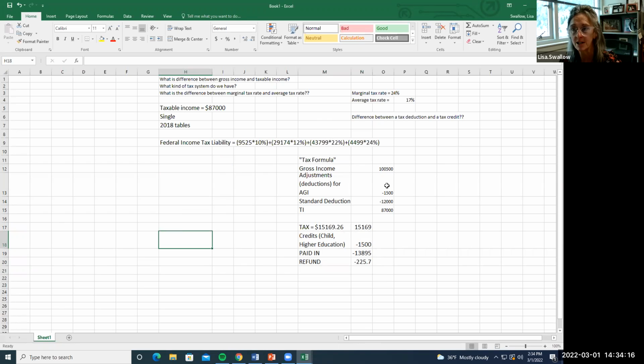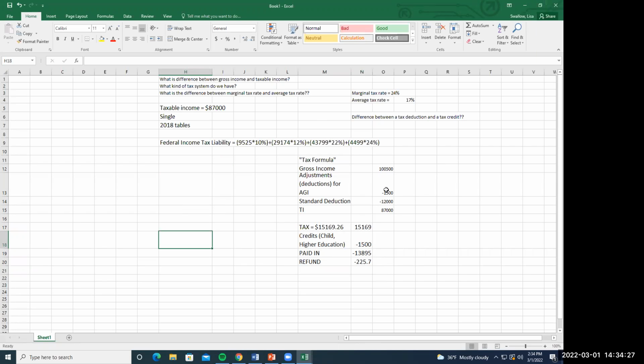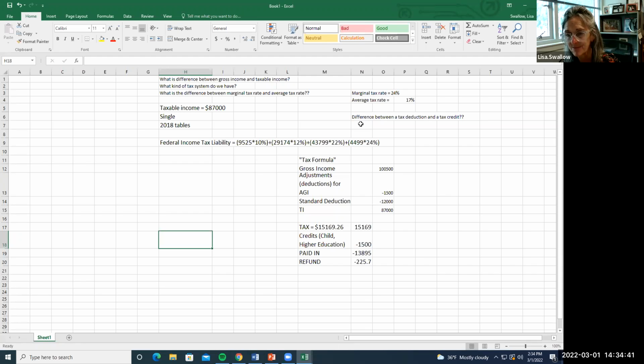is a $1,500 deduction worth as much or the same or more as a tax credit? It's worth less. Okay, good. Why? Because what it's doing is it's reducing your total taxable income, but you still will be being taxed by the same percentage, whereas a credit is actually giving you money.